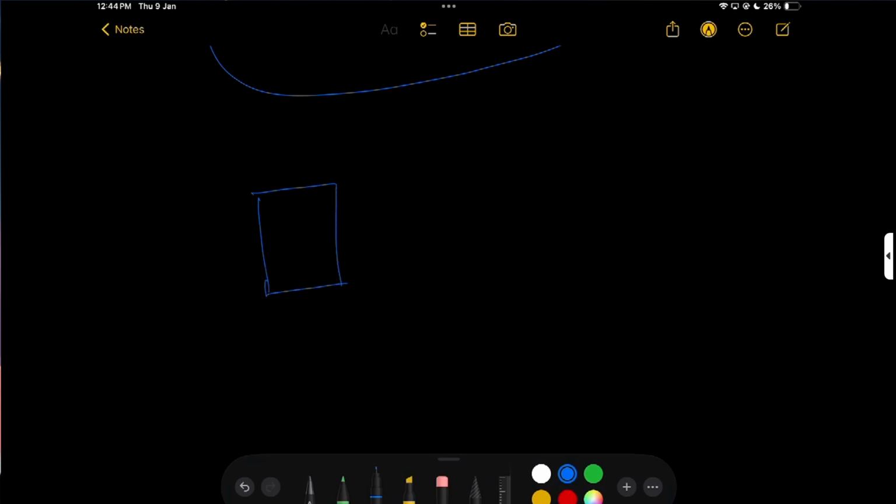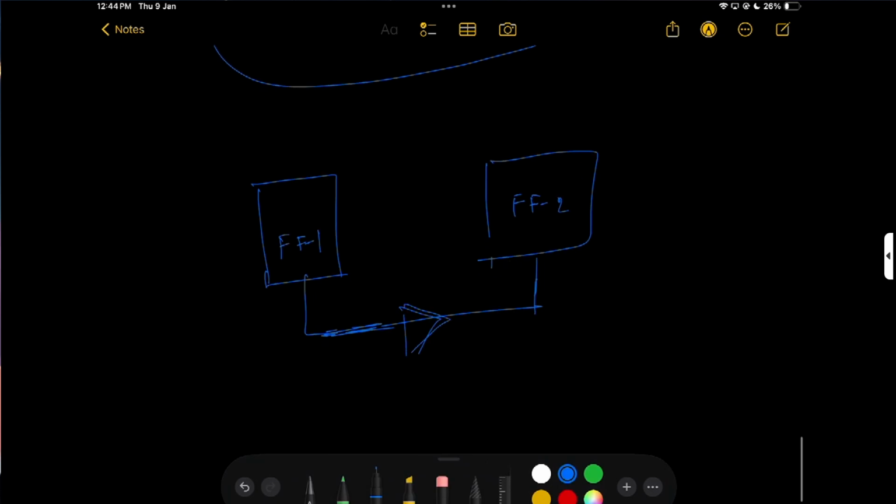Here is my flip flop one, here is my flip flop two. This is my clock, and this is my one delay, suppose T skew.